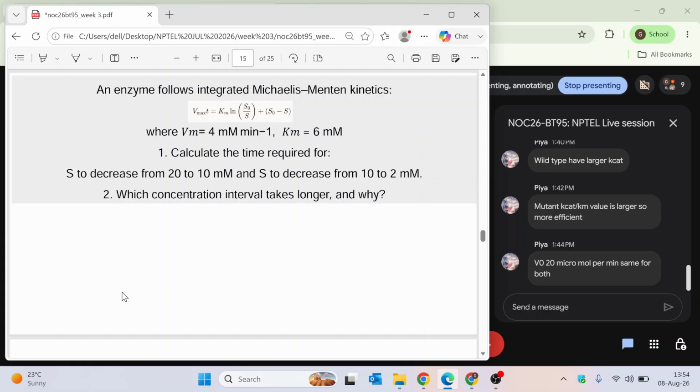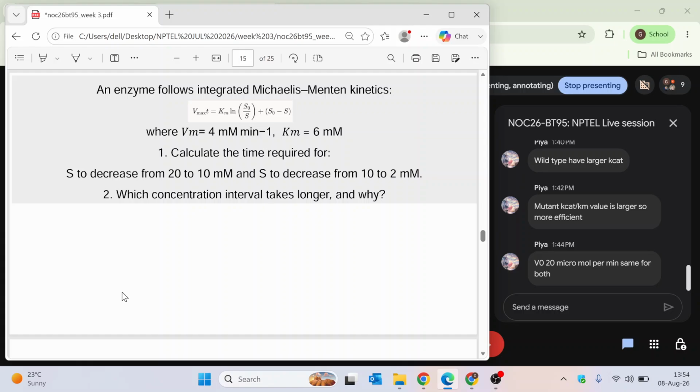Here, given the Vmax and the Km value, you have to calculate the time required for the substrate to decrease from 20 to 10 millimolar, and from 10 to 2 millimolar.